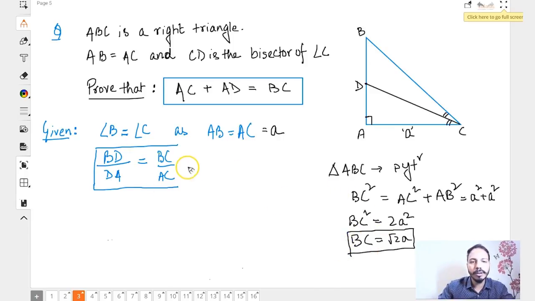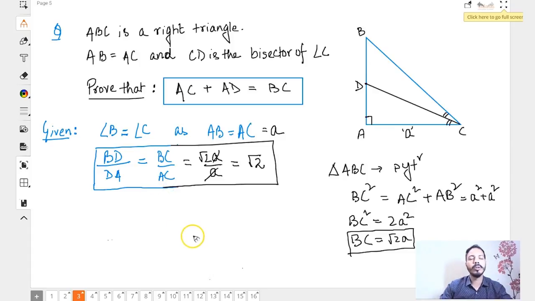Now if you see here, BC is root 2 times A and AC is A, so this will get cancelled. I can say that this ratio is root 2.